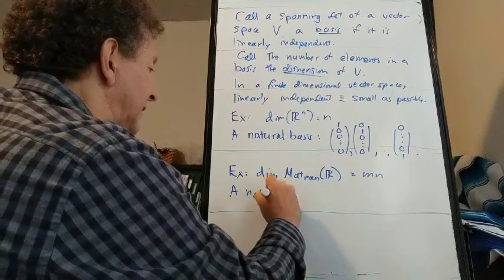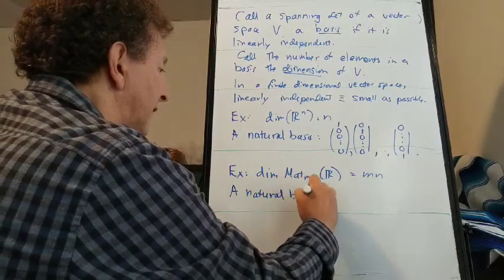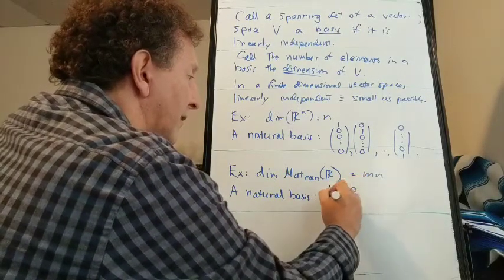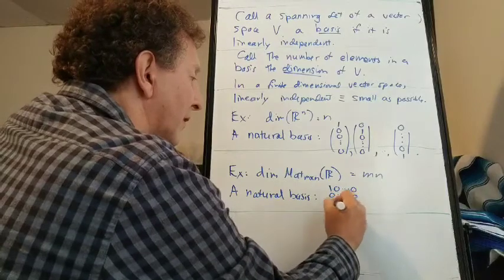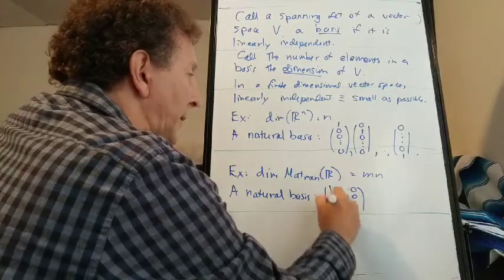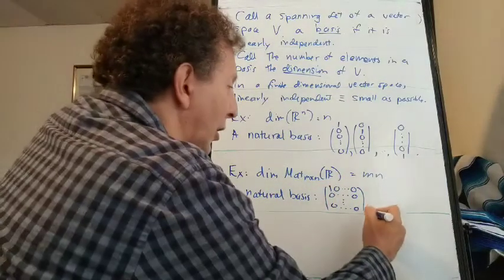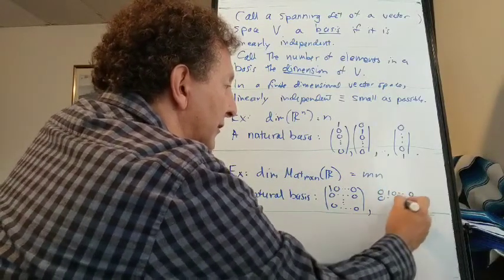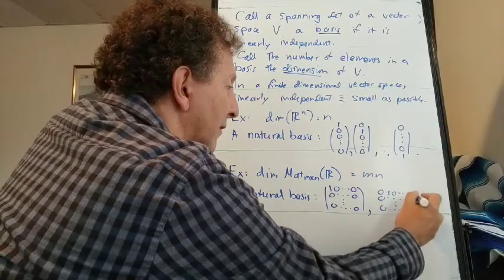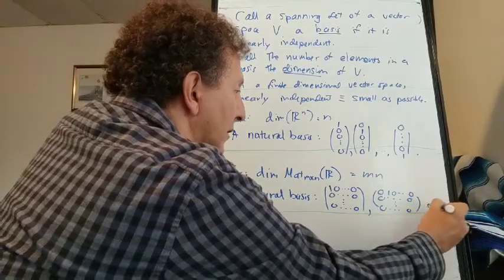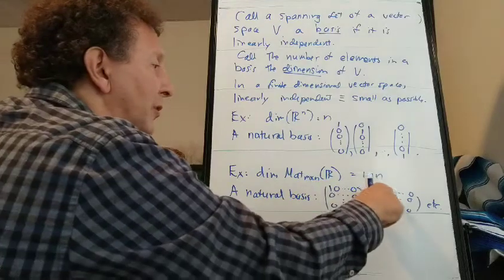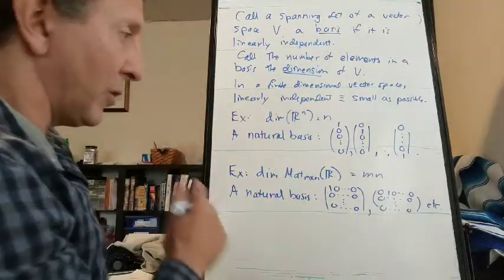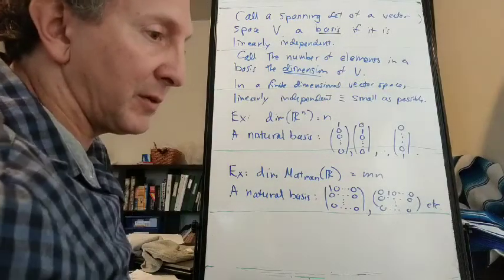A natural basis is all the different m by n matrices we can make with a 1 in a single position and zeros everywhere else. So we put the 1 in the 1,1 position and the 1,2 position, etc. Then there's mn different matrices that have a single 1 in them, and they form a basis.